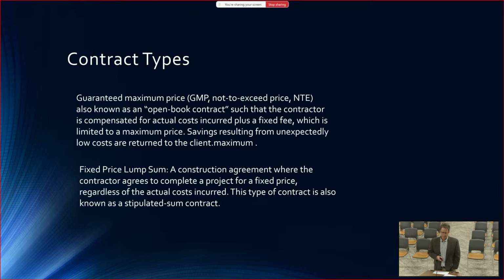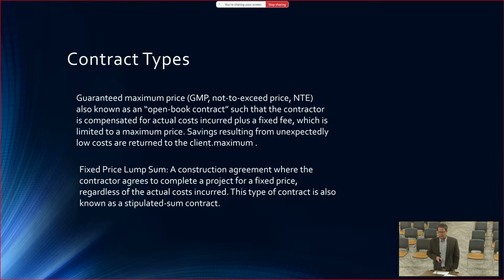And then the fixed price or lump sum is the same thing, right? You know what your cost is going to be. The difference there is, what's a good example? Anything that you would go into the grocery store to buy, a bag of potatoes. It's a fixed price. It's not going to be more, but unlike the guaranteed maximum price, you're probably not going to save if there's a way to come in underneath.